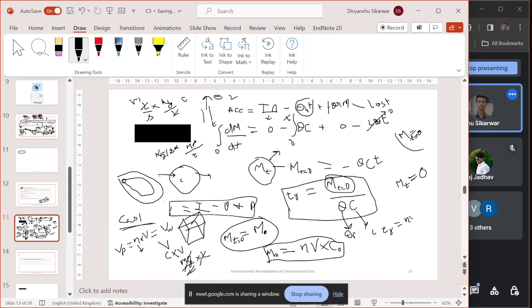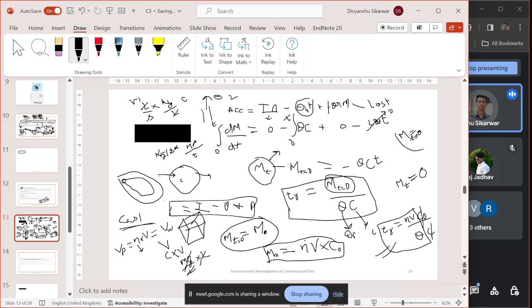N V C naught divided by QC. The C's cancel out. Porosity times volume divided by discharge will give us how much time we need to remove the contaminant, basically how much time we have to run the tube well for removing the complete contaminant, right?